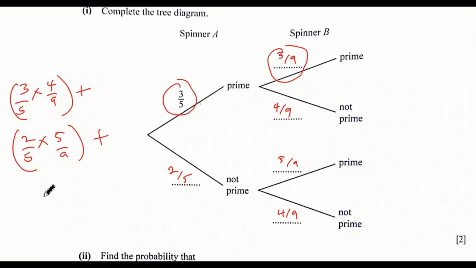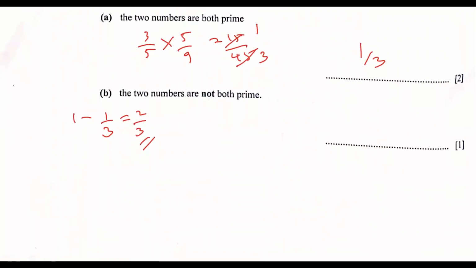The third one will be 2 out of 5 and 4 out of 9. So this is how you can get the answer from the tree diagram. You can see that in the 3 cases here, none of the cases has prime numbers for both. Okay, so that is what you need to do. If you simplify this, we are going to get the same answer, which is 2 out of 3. So we have 2 out of 3 here.